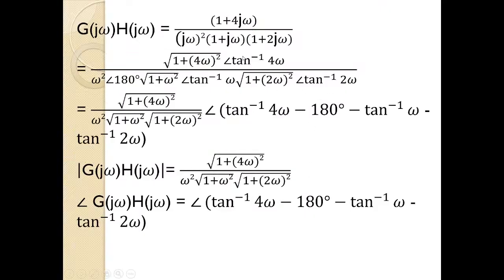This is it. So these are the magnitudes and angles. Write down all magnitudes on one side and angles on the other side. And see, I have written the magnitude equation and angles separately. Write down quickly.